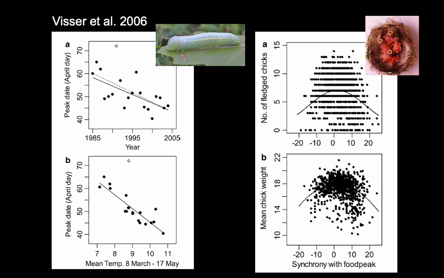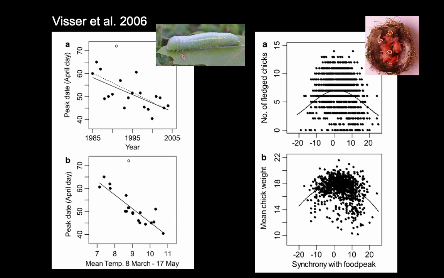And it would take multiple nests, and many species do produce multiple nests in one breeding season. We can see here there's a slight decrease as you get further away from that perfect match, which is 0, as you get out to negative 20 and 20.